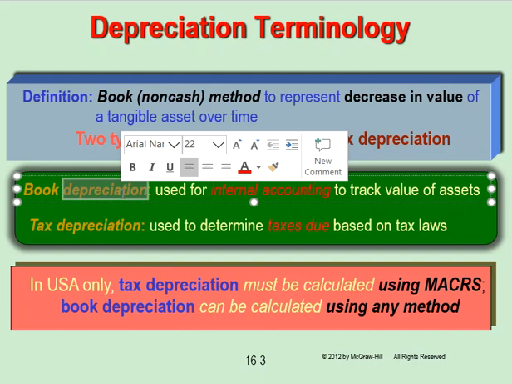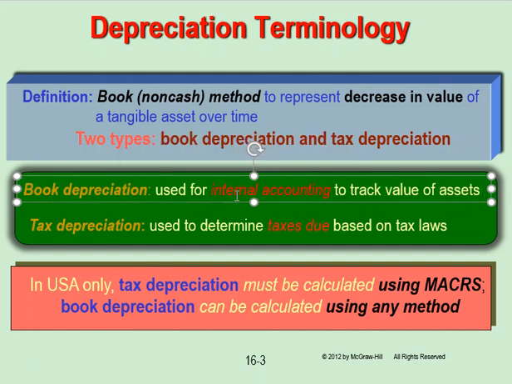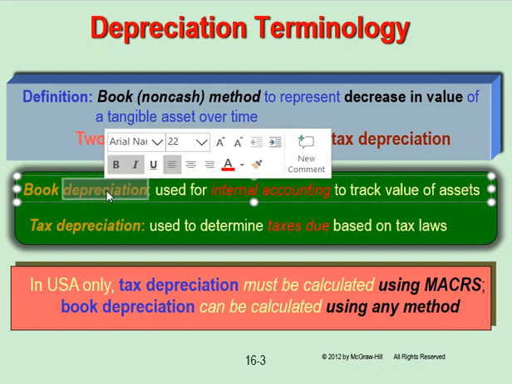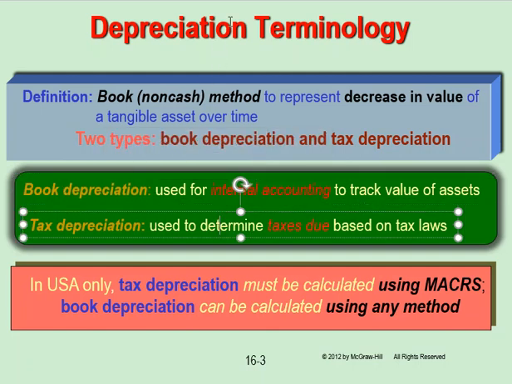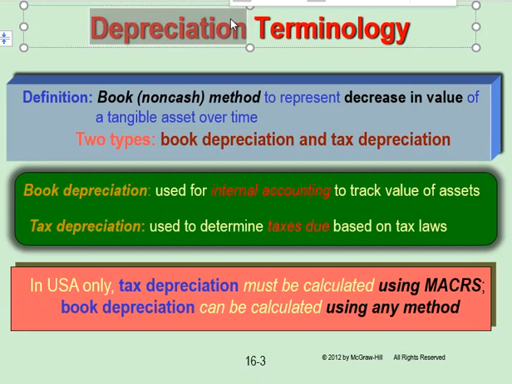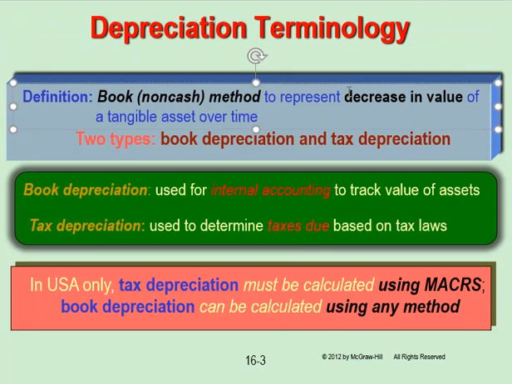So in book depreciation, I have maybe my own ways and methods to track the value of my assets. As I said before, depreciation is the decrease in value of a tangible asset.